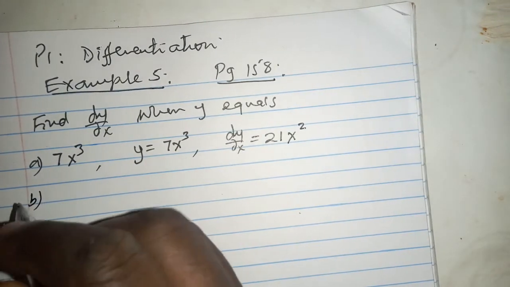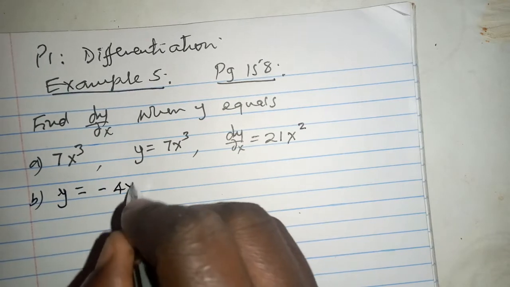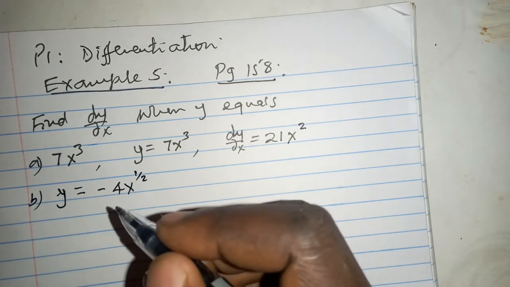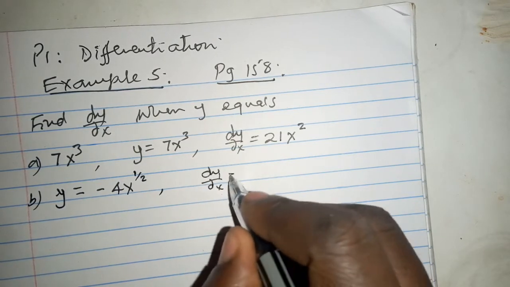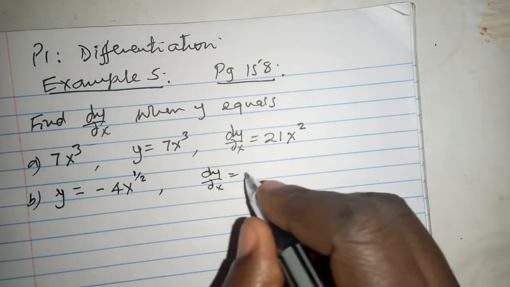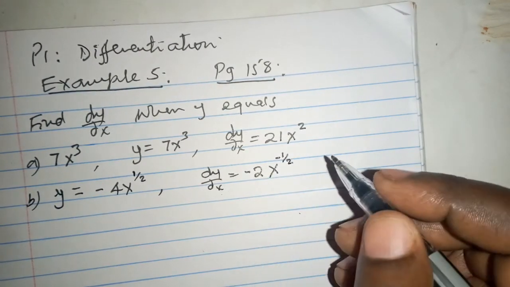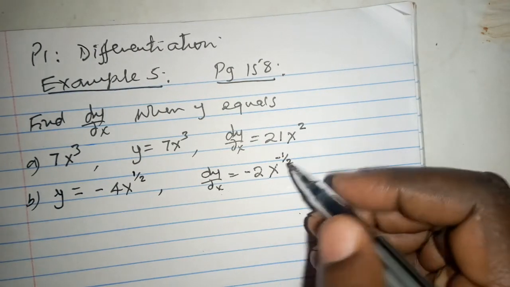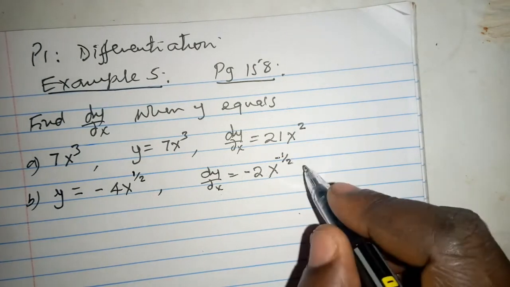In part B, when y is equal to minus 4x raised to power a half, then dy dx becomes a half times minus 4, which is minus 2x raised to power minus a half. And of course, that is it, because a half minus 1 is negative a half.